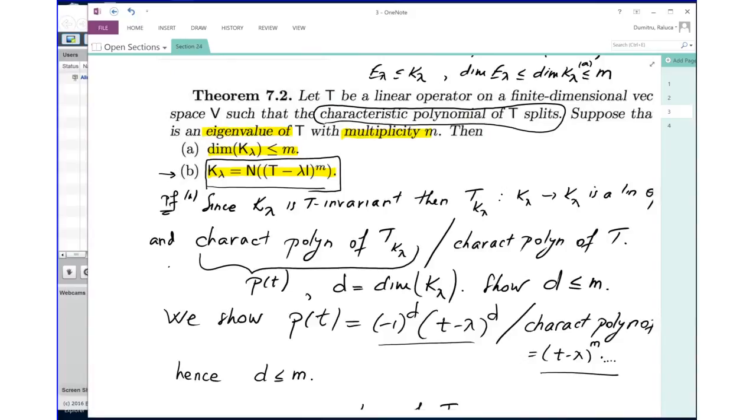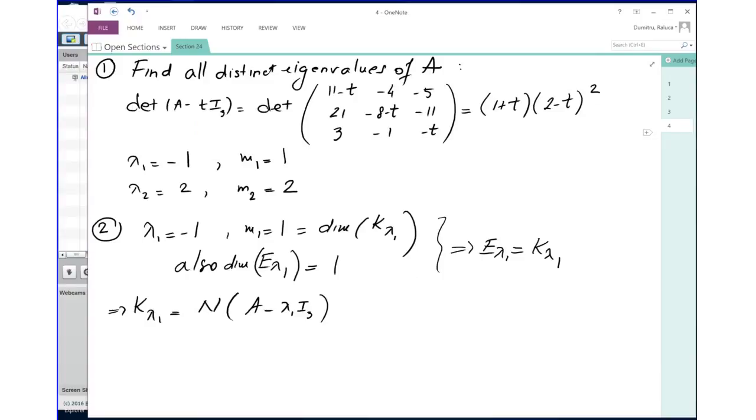M is the multiplicity, and it is 1, right? So the null space of A minus lambda identity, which we know is the same as the regular eigenspace. So, same thing. All right, so this is the null space of A plus identity, since lambda 1 is negative 1.